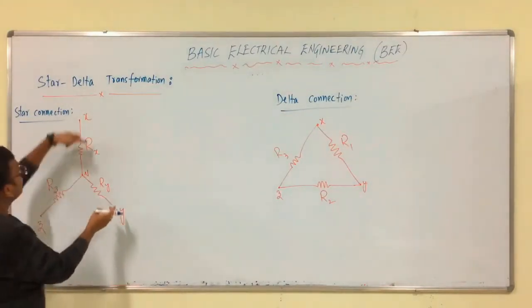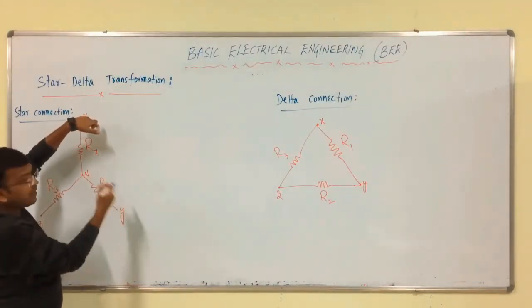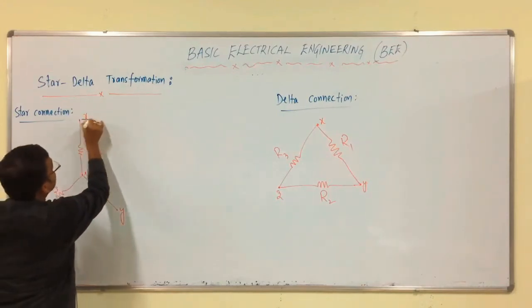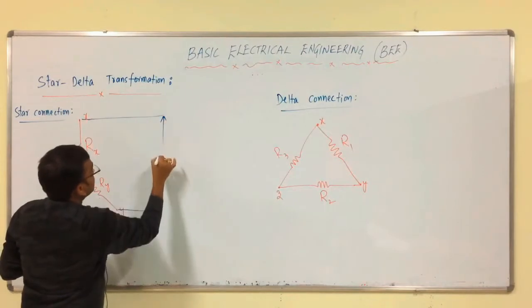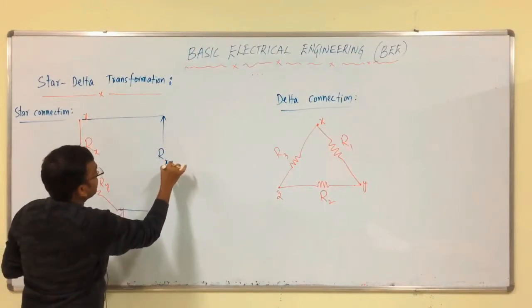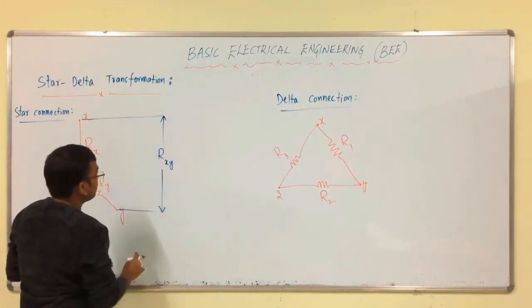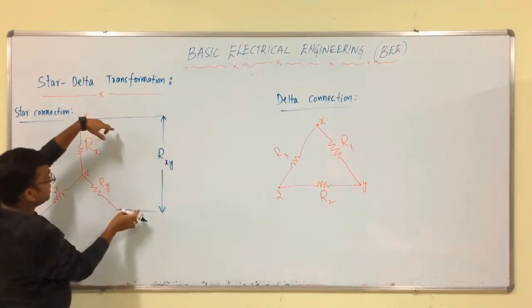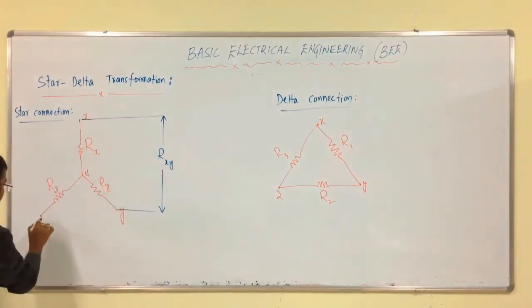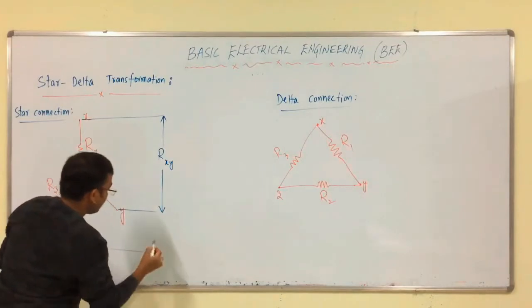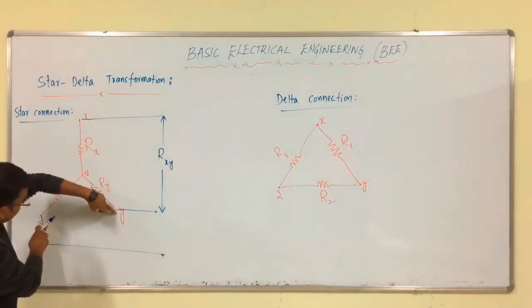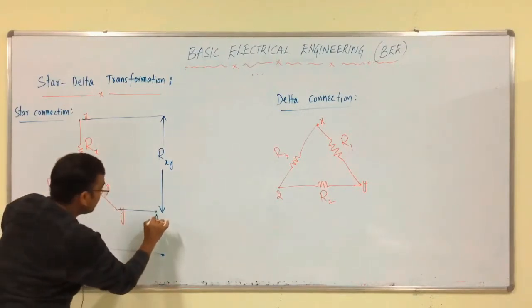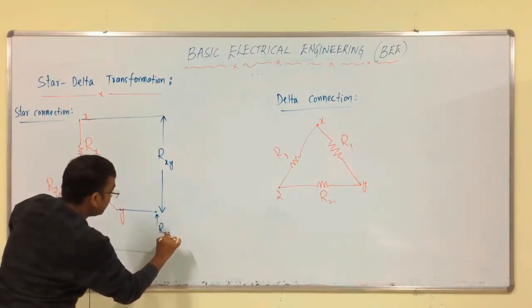So, the resistance between these two terminals is nothing but R x y. This is R x y, between x and y, that is why the equivalent resistance between these two terminals. Between y and z, R y z.